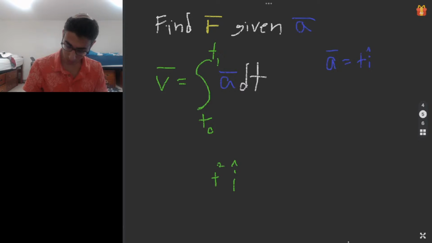The i hat we could ignore because it's constant no matter what, so we just put it over here. And we know that 2 times the old coefficient must equal 1, so the coefficient must have been 1 over 2. So this is our equation for velocity, really.